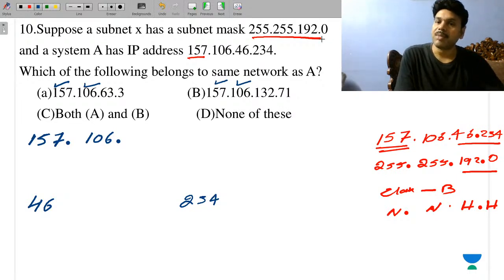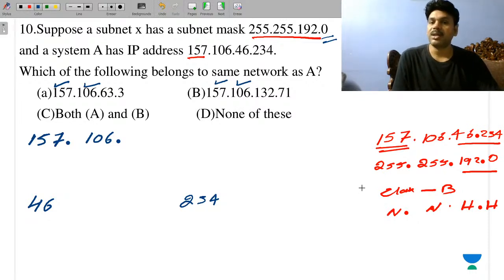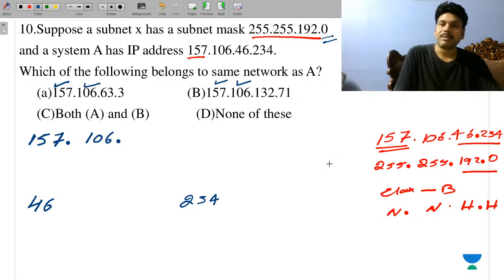Whenever the subnet mask octet is 0, the subnet ID is 0 and the subnet broadcast is 255. Once let us cross check. So 46 in binary: 128 off, 64 off, 32 we need. 16 we don't need. 8 we want.